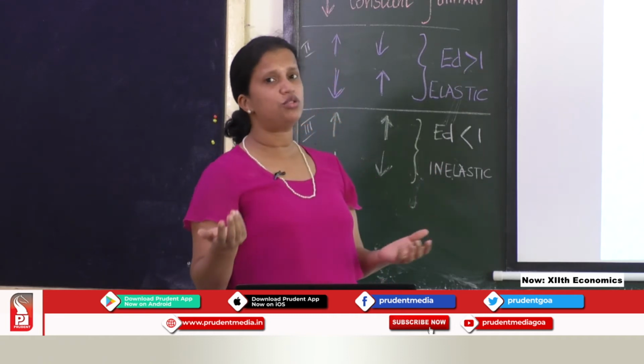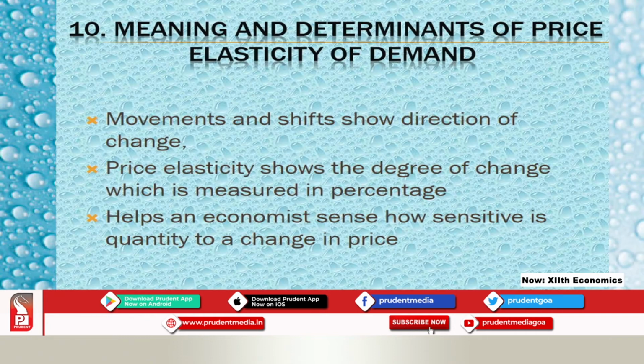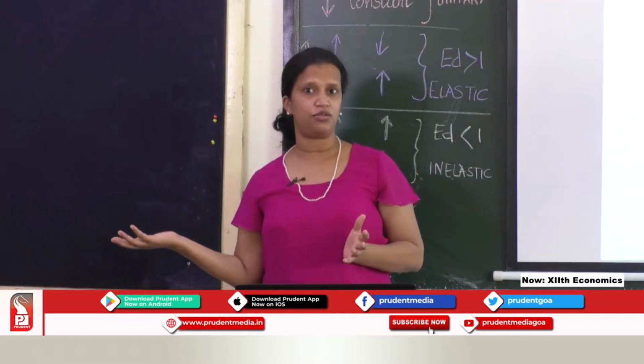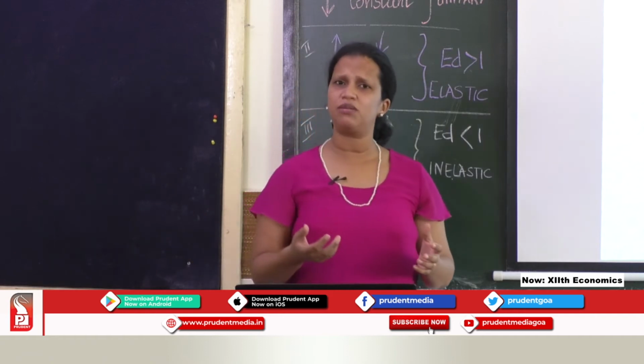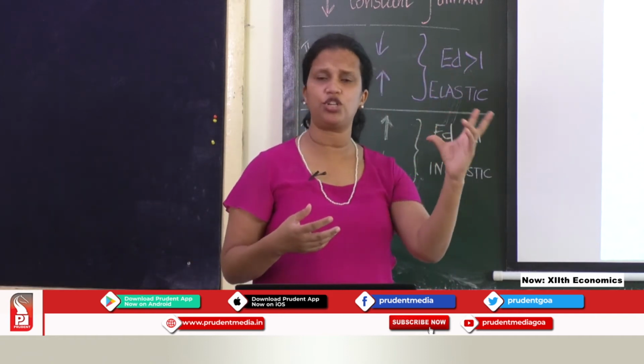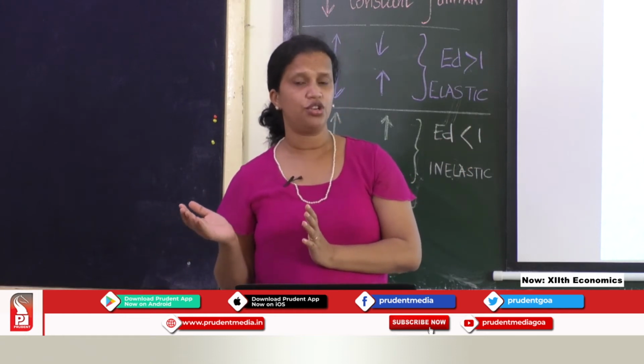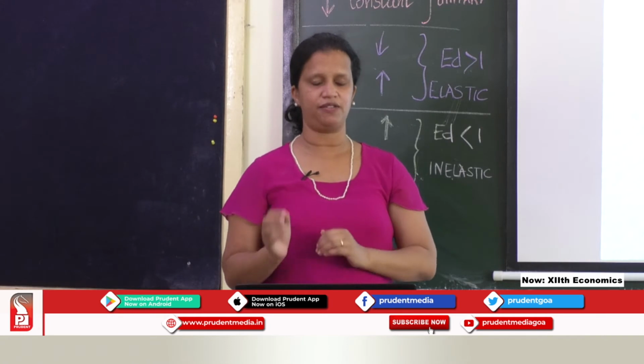So, what is the use of price elasticity? Price elasticity helps an economist to find out how sensitive a commodity is to a price change. There will be some commodities where the moment the price changes, demand changes by a large amount, while there will be some commodities where, even though price has changed by a large amount, demand does not react to the price change. So, they are less price sensitive.